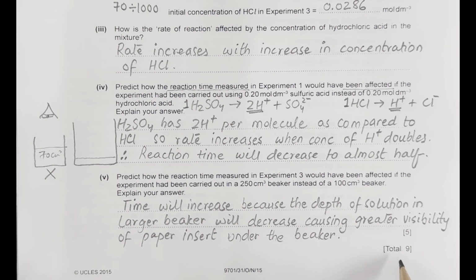So here we come to an end of this 9 marks question, in which we have seen the effect of concentration on the rate of reaction, from October-November 15 variant 3.1.